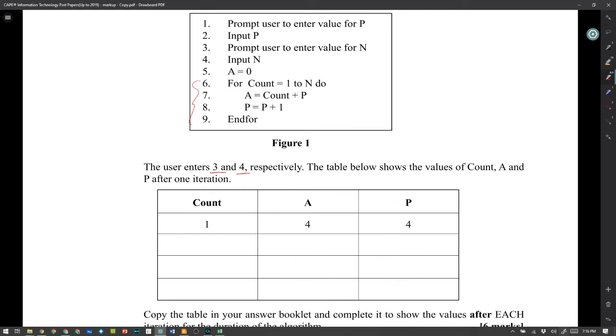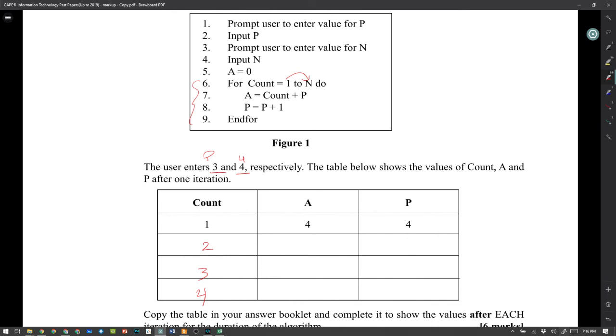So P is 3 and N is 4, which means our loop goes from 1 to 4, so that'll be 1, 2, 3, 4. We know the count is going to go from 1 to N, so 1 to 4.